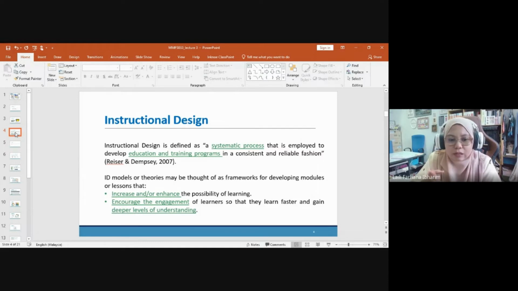And the second one is to encourage the engagement of our learners so that they can learn faster and gain a deeper level of understanding. Because of these two factors, we must have a systematic process implemented with the instructional design.